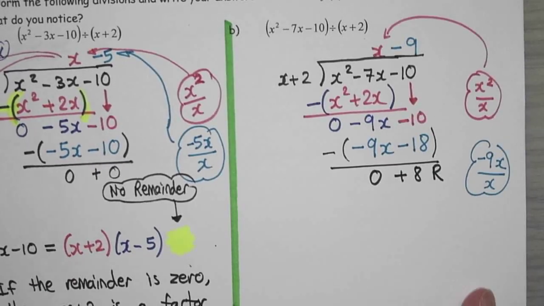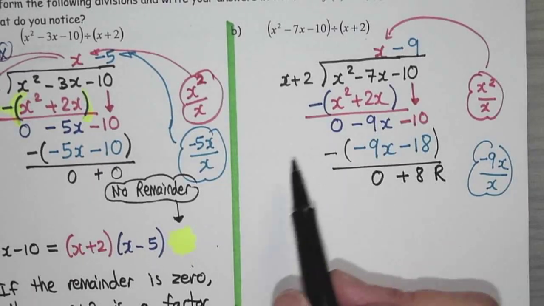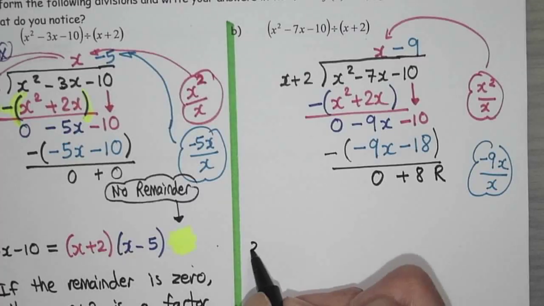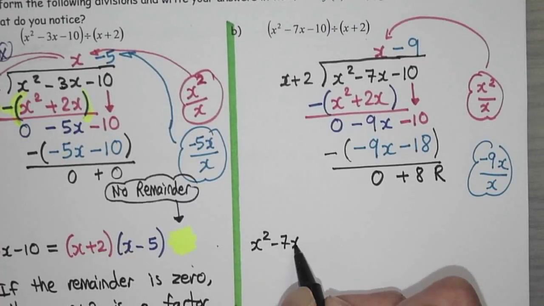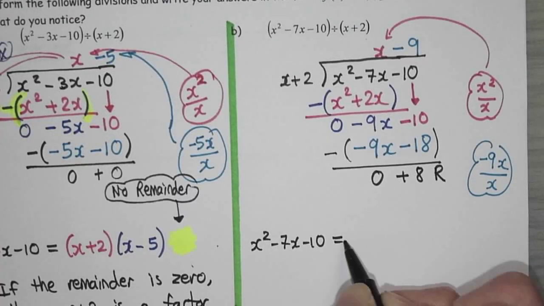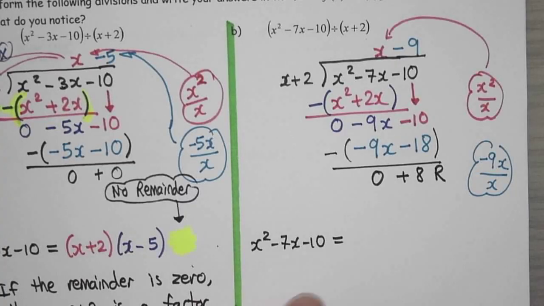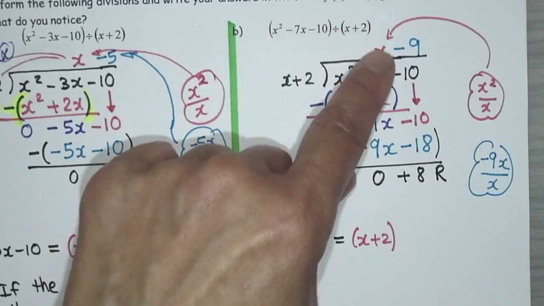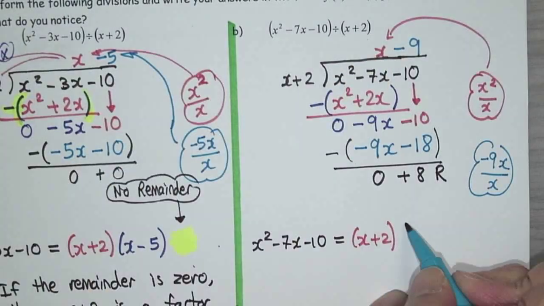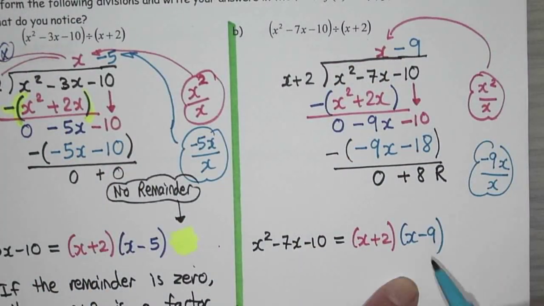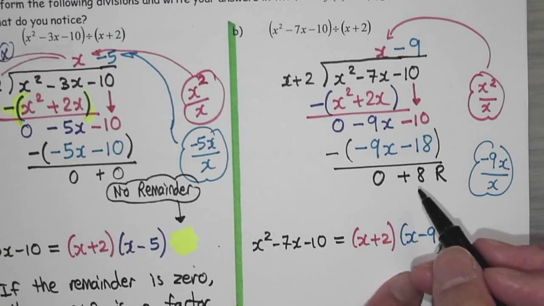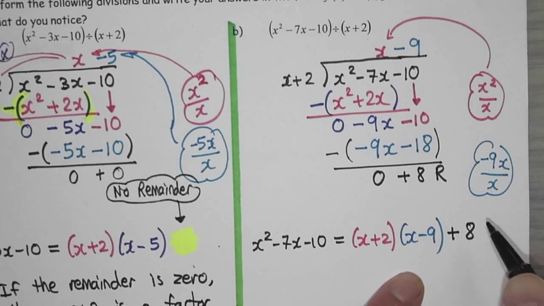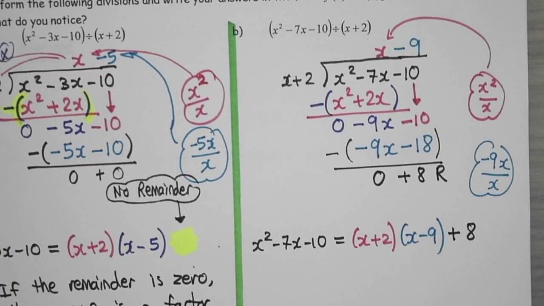So if you're writing your multiplication statement, you always start with the dividend. So x squared minus 7x minus 10 equals the divisor, which is the x plus 2, times the quotient, which is the x minus 9, and then this time I do have a plus 8 remainder.